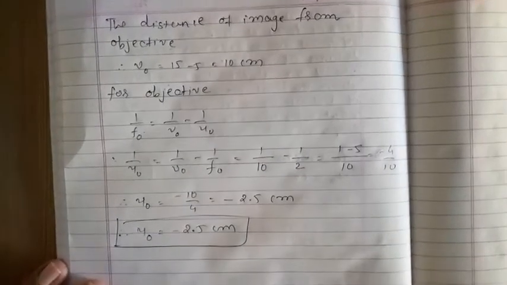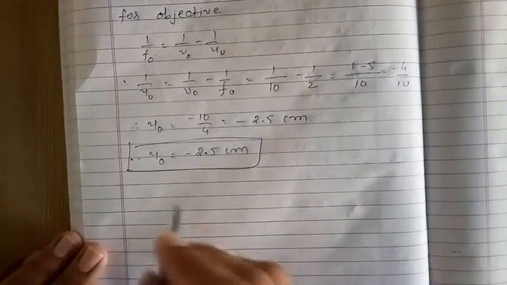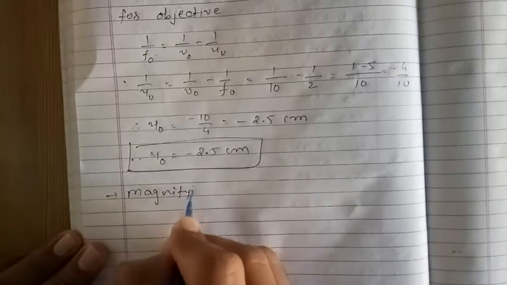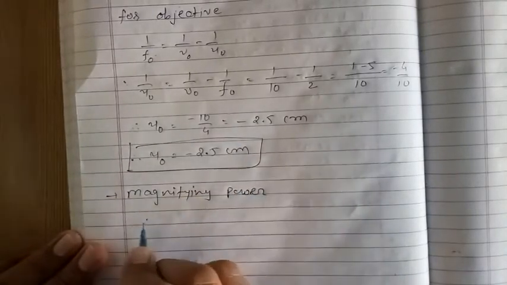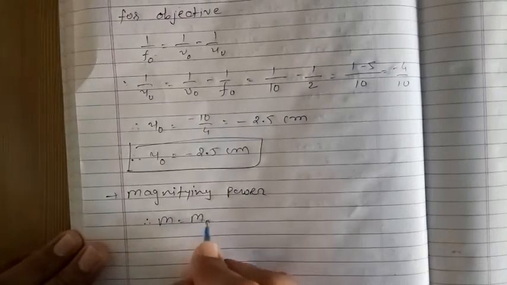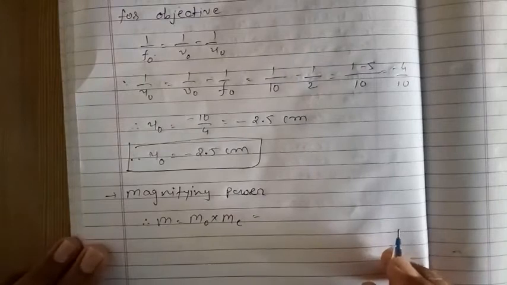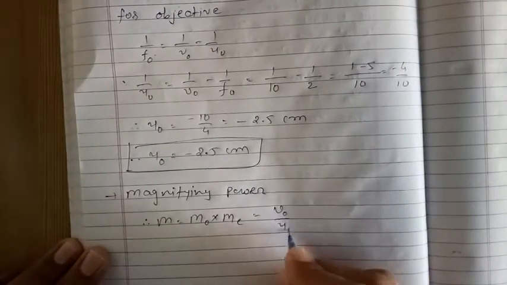We also have to find out the magnifying power. Magnifying power M is equal to MO into ME. Right. We know that M is equal to V by U. So we can say MO is equal to VO by UO.